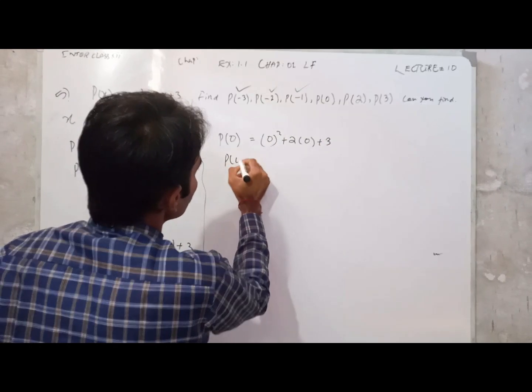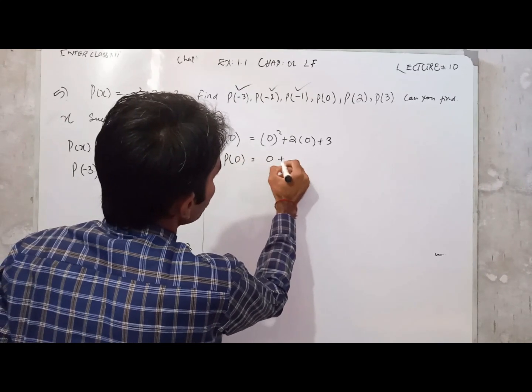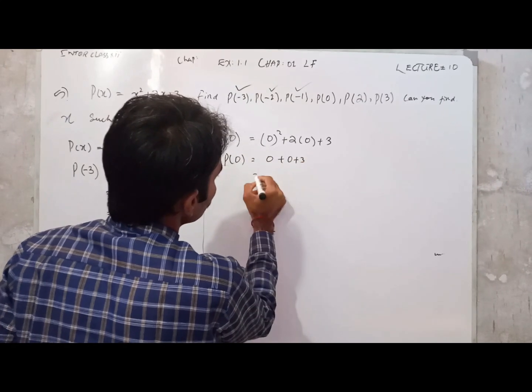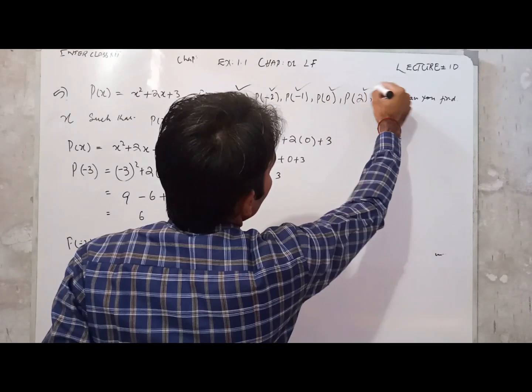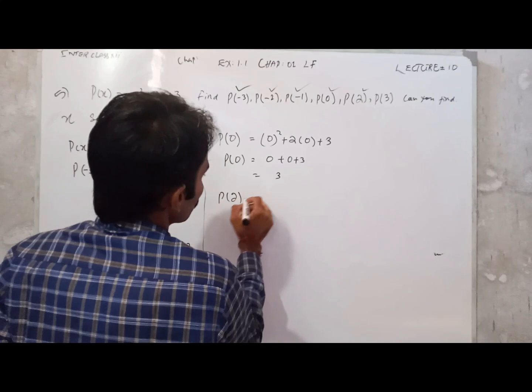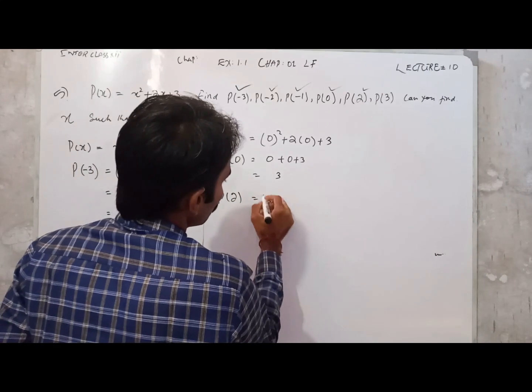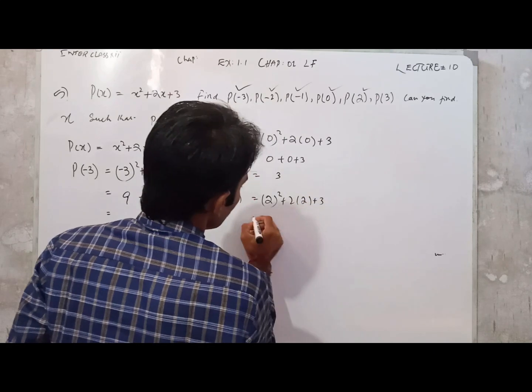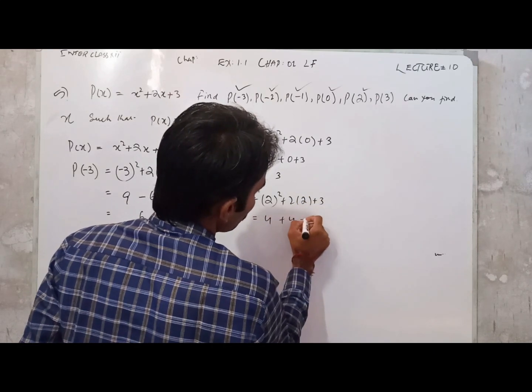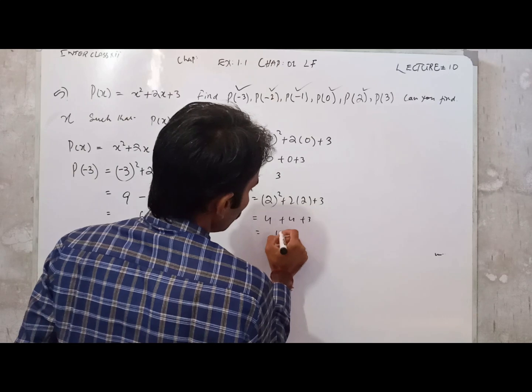So it will be 0 plus 0 plus 3, it will be 3. Now we will put 2. So 2 square plus 2 times 2 plus 3 is equal to 4 plus 4 plus 3, which is equal to 11.